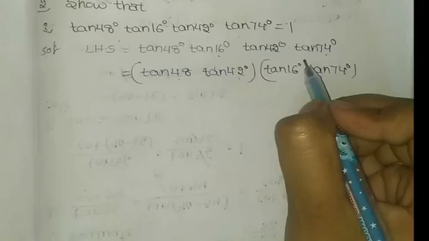Here cos 36 I am writing as cos of 90 minus 54, and cos 54, minus, here I am writing sin 36 as sin of 90 minus 54, and sin 54.